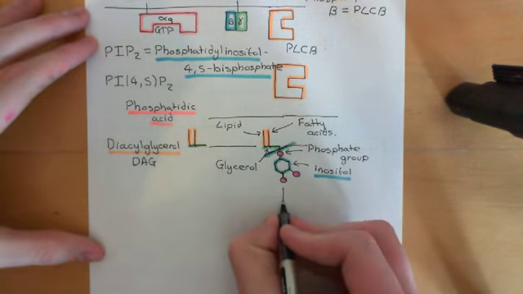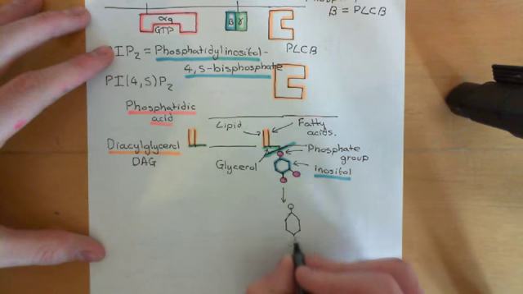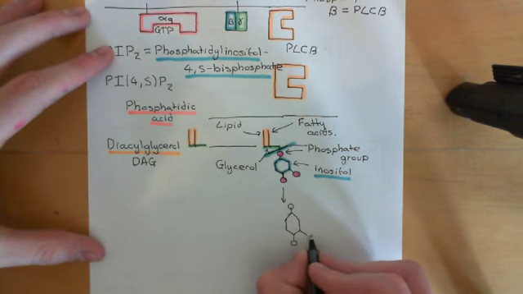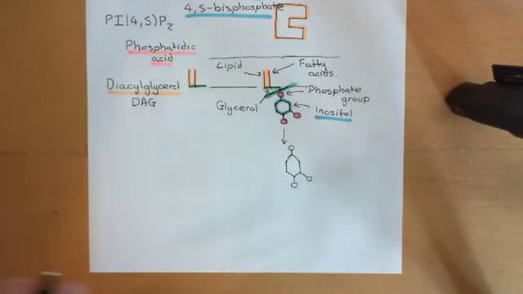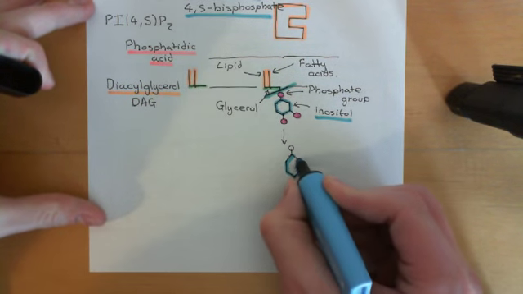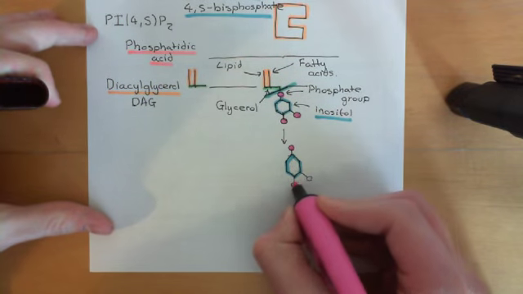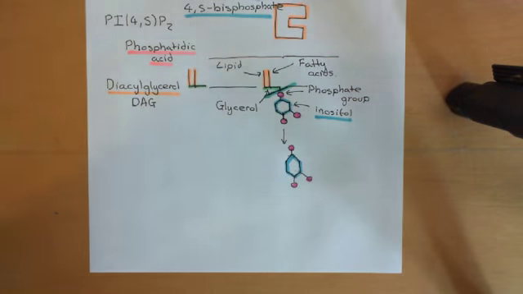And then the other molecule that you produce is inositol, shown here, with the 3 phosphate groups coming off it, off the 1st, the 4th, and the 5th carbons of that inositol ring. Okay, so we'll colour this in. Here is the inositol ring in blue, and here are the 3 phosphate groups coming off it.